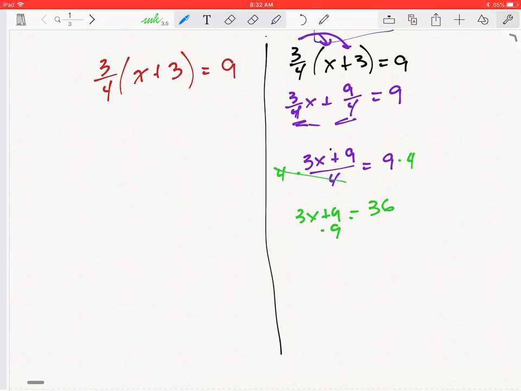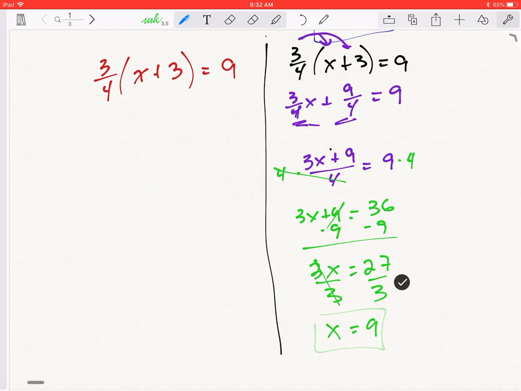I'm going to subtract 9 from both sides because I'm looking at my constant. I could have subtracted the variable, but I want to do that last in this situation. So now that's going to give me 3x is equal to 36 minus 9, which gives me 27. And I'm going to divide both sides by 3. That's going to give me x is equal to 27 divided by 3, which is 9.